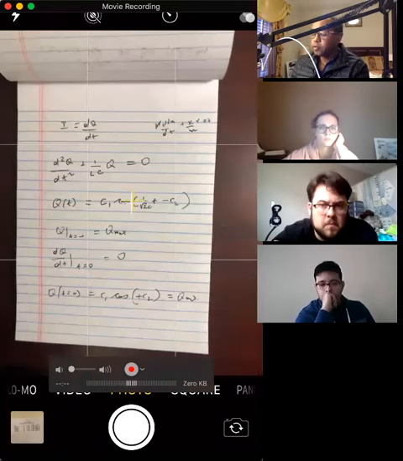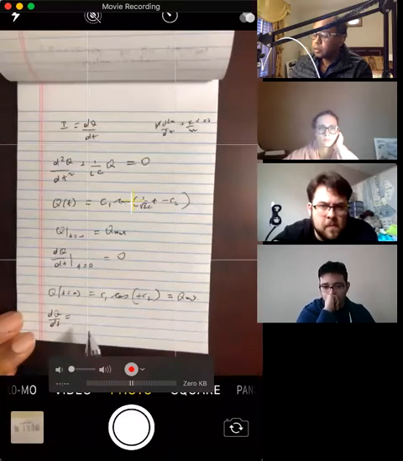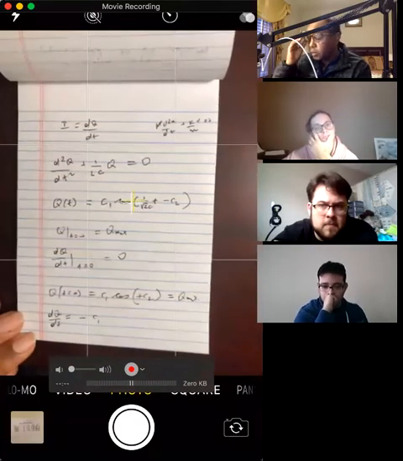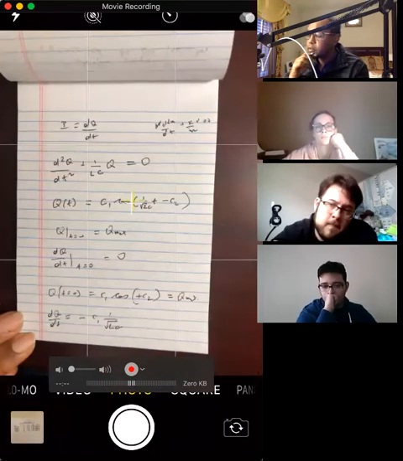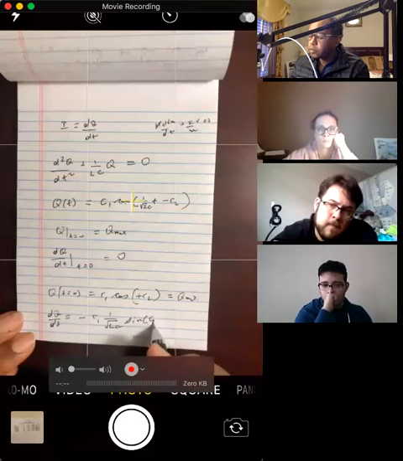How about the other one? The derivative dq by dt of this expression is negative C1 times 1 over square root of LC over here, and then sine of negative C2 equals 0.